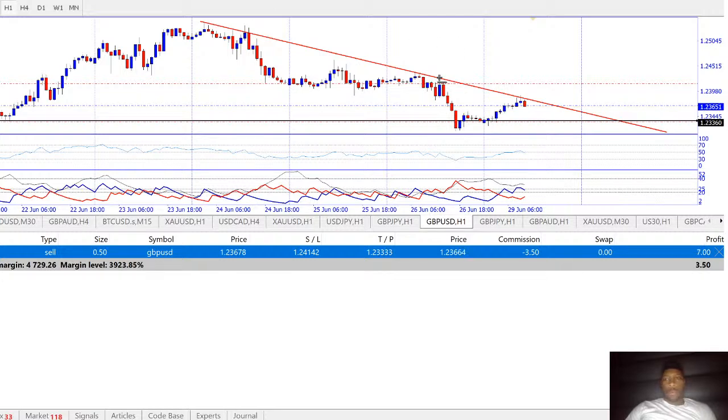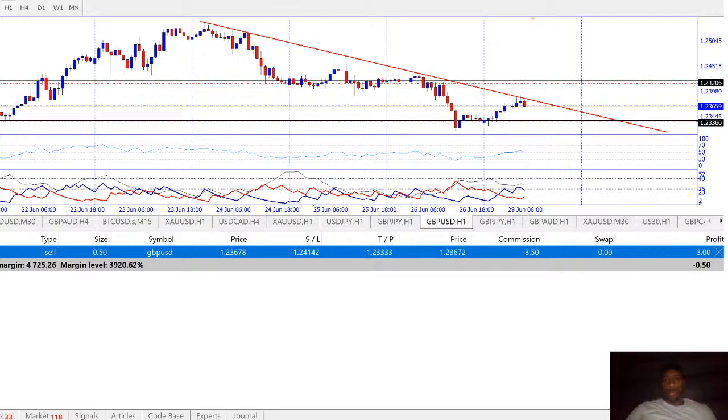So that's one way for me to decide why I should take this trade, following this basic principle of trend line. So that's why I'm kind of selling, because right now I see it as a downtrend. It's creating lower lows.